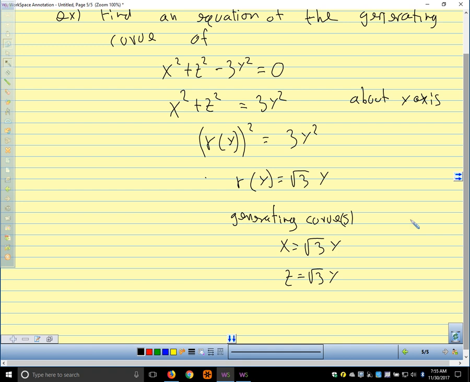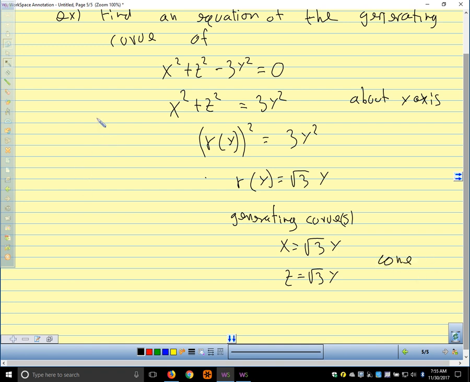What is this surface? Well, the generating curve is a line, and when we revolve it, we get circles. It's a cone, right? The generating curve in an axis is a line, and when we revolve that line around the axis, we get a cone.